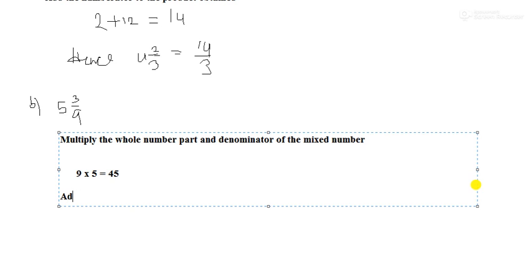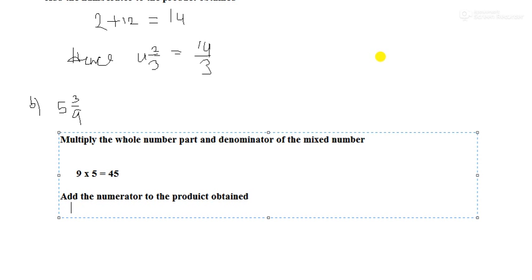Now add the numerator to the product of 10. So 45 plus 3 is 48.